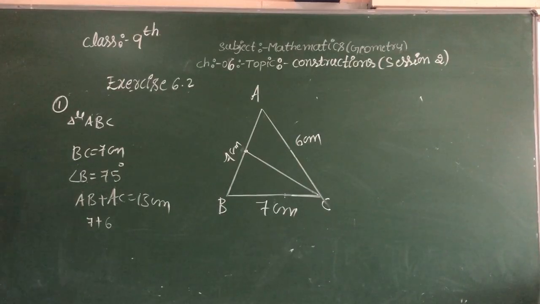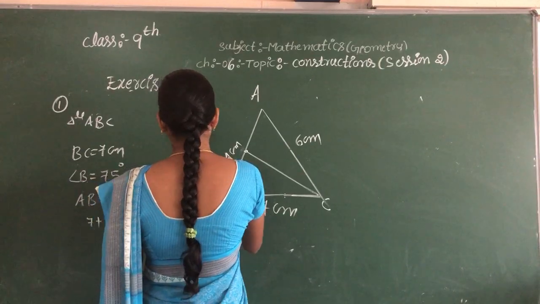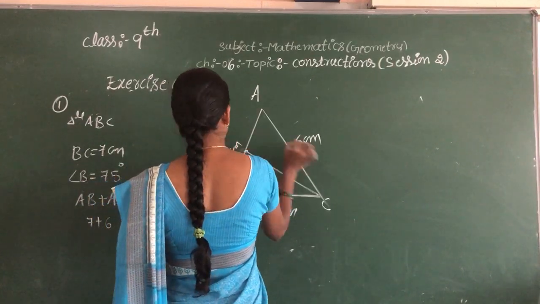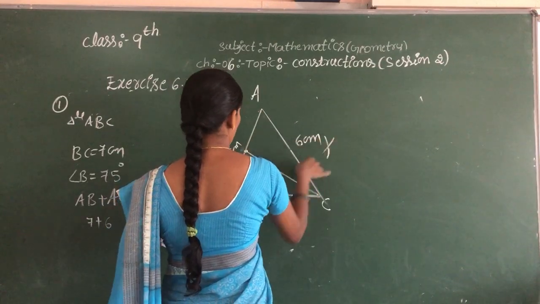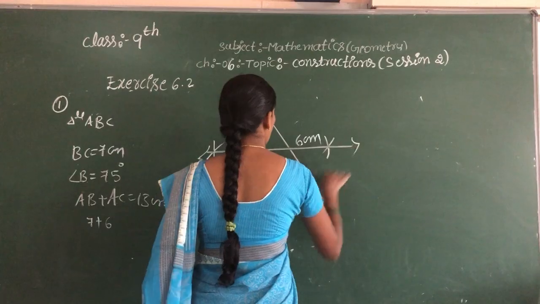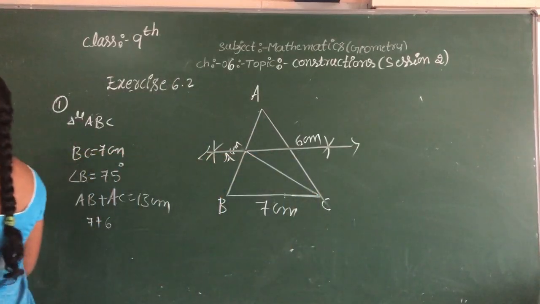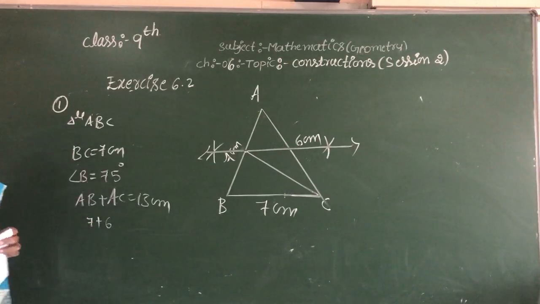We should cut arc. We should cut here and here. We should join this. Okay, children, are you understood? We should join this in straight line. Okay. So this is one of the triangle.